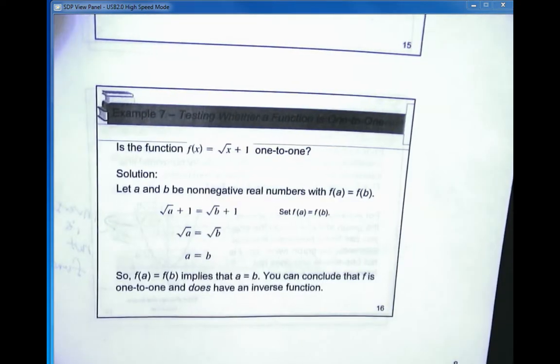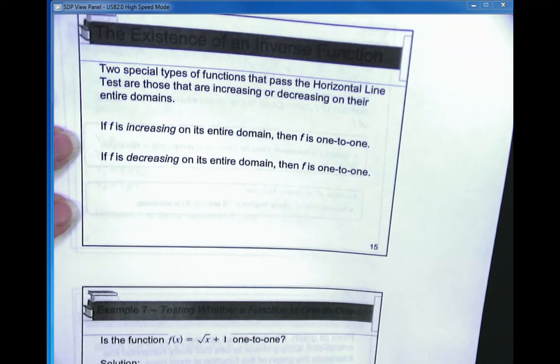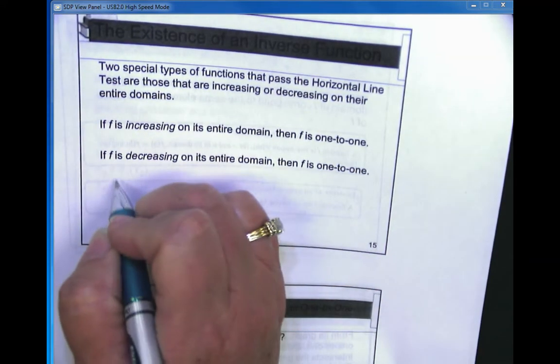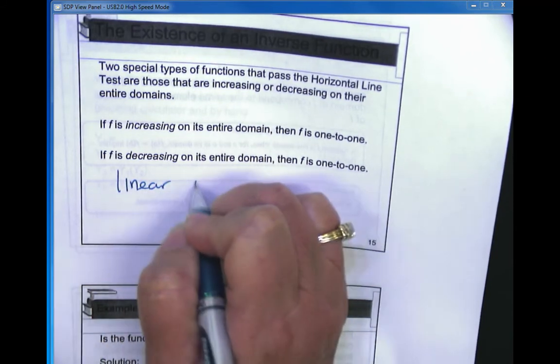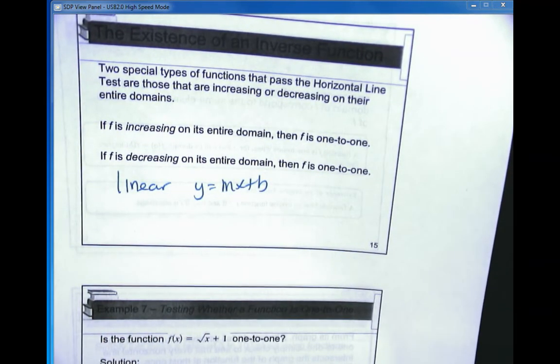The next thing that is kind of special is if you have graphs that are either decreasing or increasing all the time. Basically, that's really a linear function, your y equals mx plus b. They're always going to be 1-to-1.